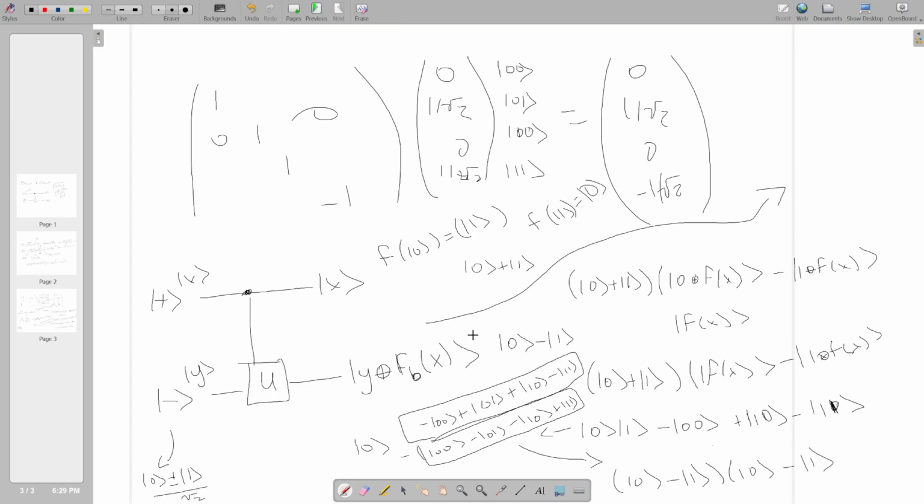Note that this is for a specific function, we got out of this negative, negative from plus negative and doing this controlled operation. So that's very interesting, important, and maybe counterintuitive. This will play a role in some algorithms.